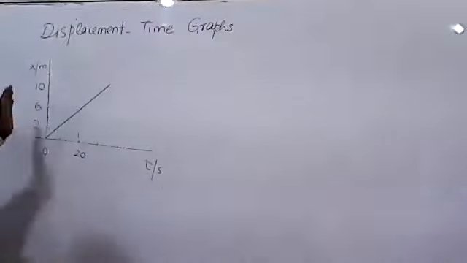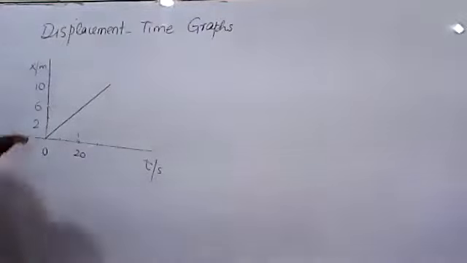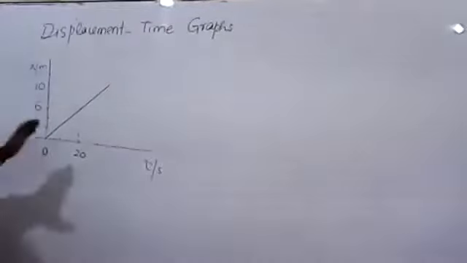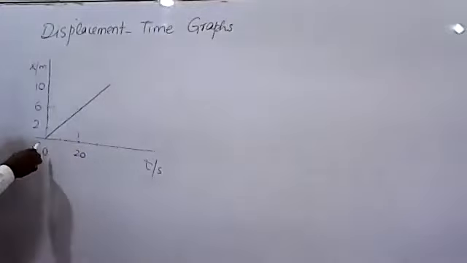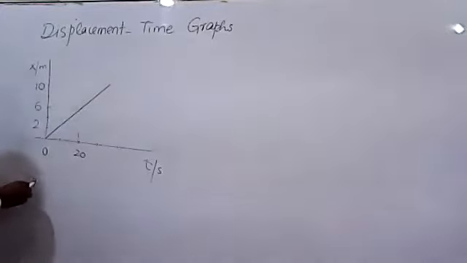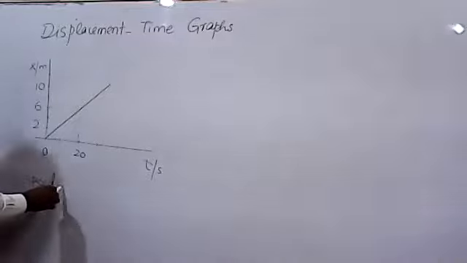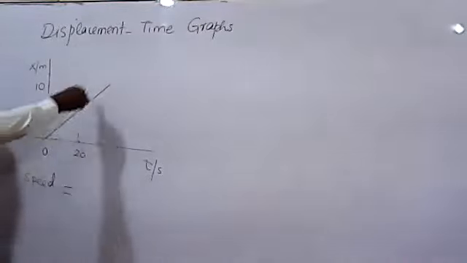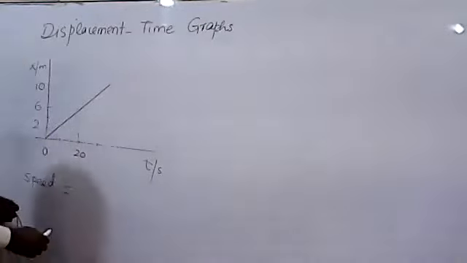Speed if it is distance time, and velocity if it is displacement time, because we'll be particular about the terms. Let's say this is distance on this side and this is time on this side. So clearly the speed of the object is constant, because clearly it is the constant gradient everywhere.